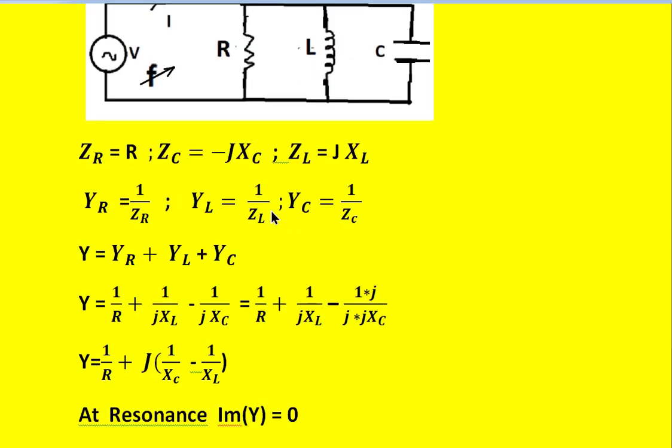So for this parallel circuit, the total admittance of the circuit is Y equal to YR plus YL plus YC. Substituting, Y is equal to 1 by R plus 1 by jXL minus 1 by jXC.